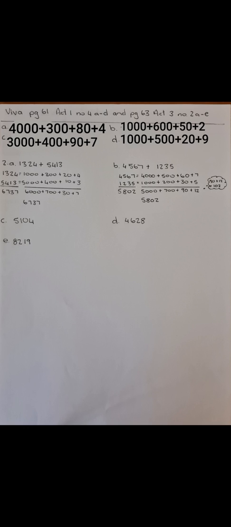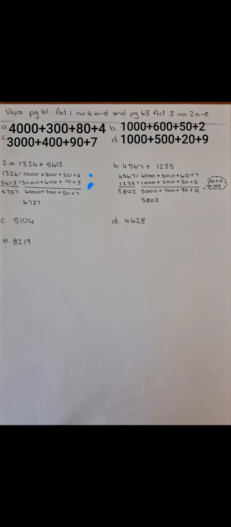Okay, so we've got 2A, which is 1,324 plus 5,413. The first thing I did is I wrote those numbers out. So I said 1,324 is 1,000 plus 300 plus 20 plus 4. Then I said 5,413 equals 5,000 plus 400 plus 10 plus 3. And then I added them together.